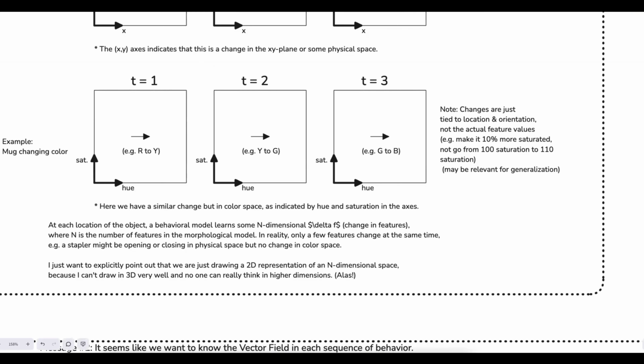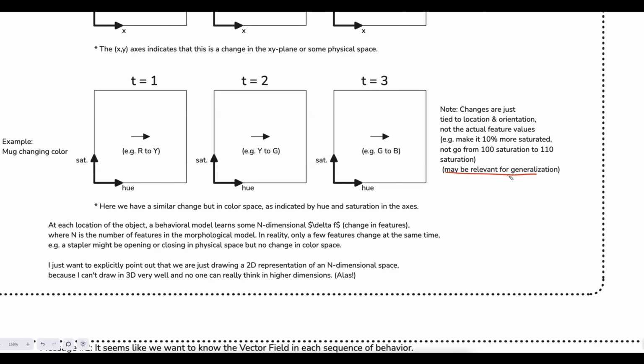And so I guess somewhat related, I agree with you that these changes are just tied to the location and the orientation, perhaps, but not the actual feature. This is not saying that this is tied to the redness of the cup. It's just whatever it is, it's changing by a certain amount over a certain amount of time.